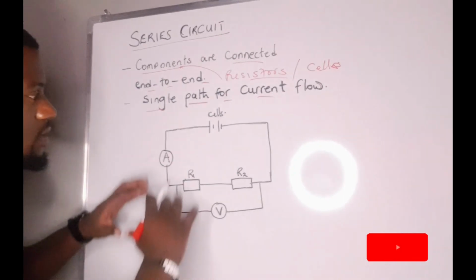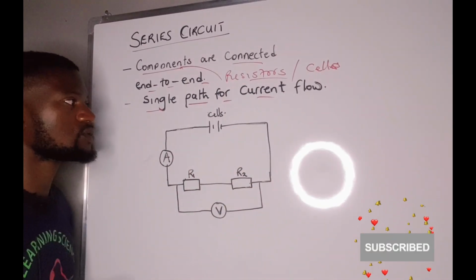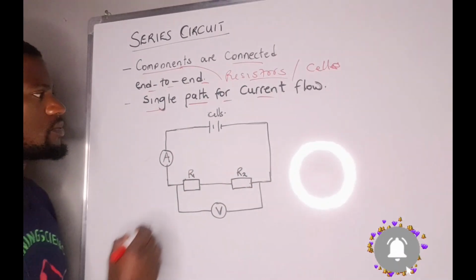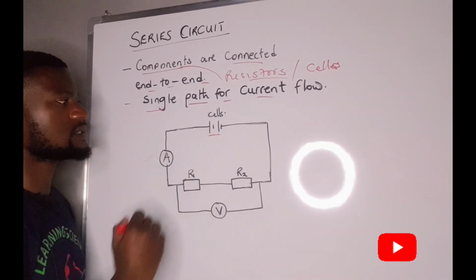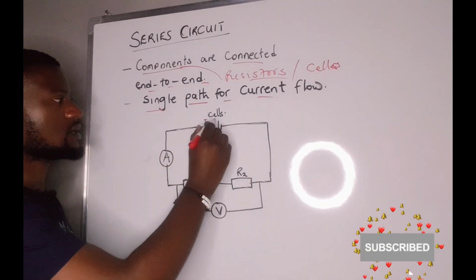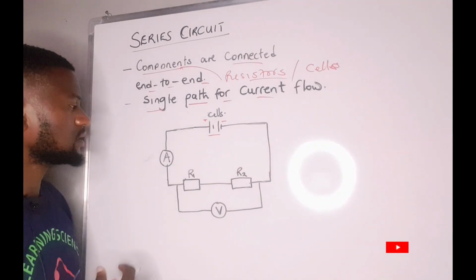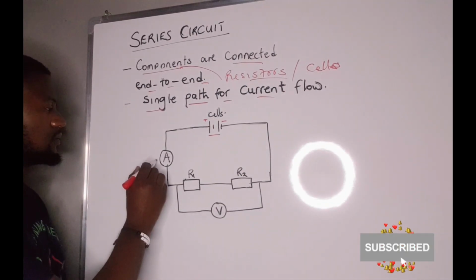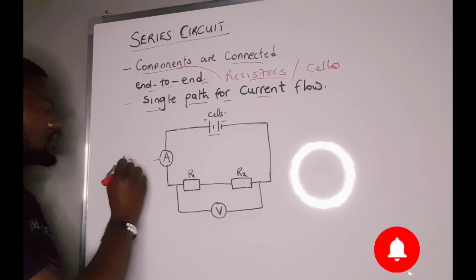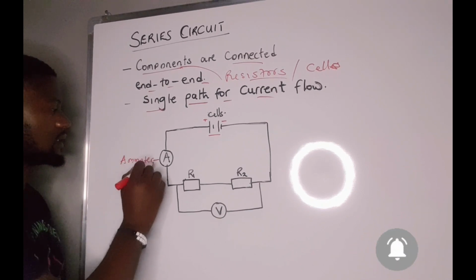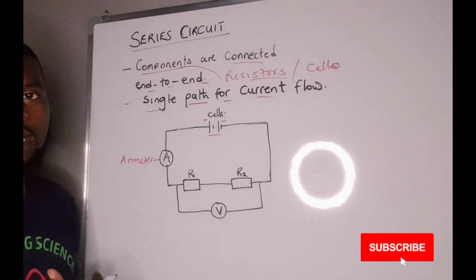Now let's look at this example. We have the cells at this point, acting as the source of energy. Then we also have the ammeter here. As usual, the ammeter is used to measure the electric current.